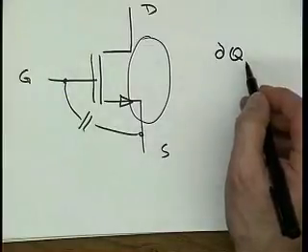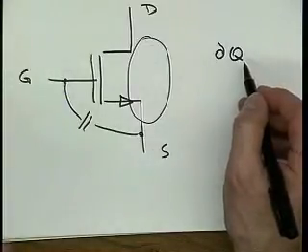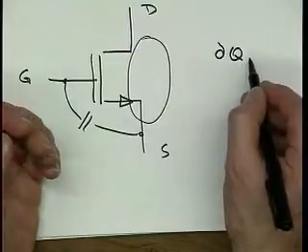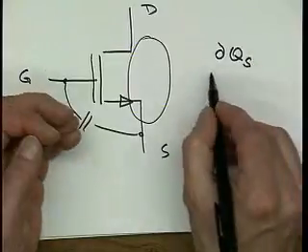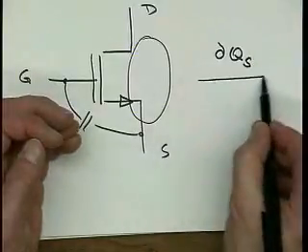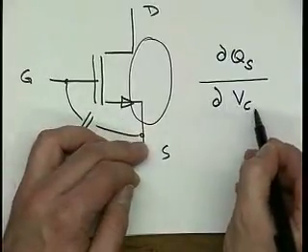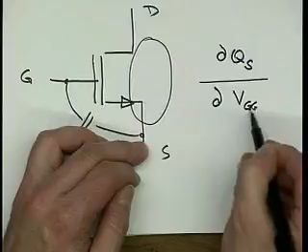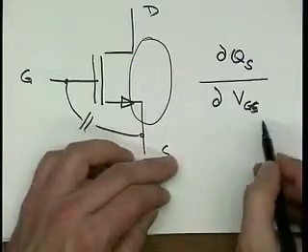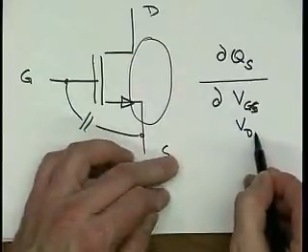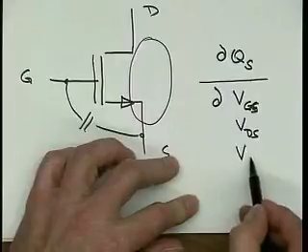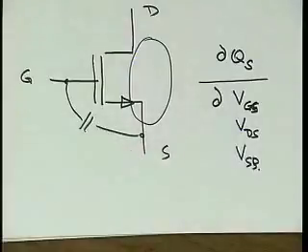So really the right question to ask is, what is dQ, the change of the charge that appears at the source, associated with the source terminal, as a function of changing VGS, or changing VDS, or changing VSB, or whatnot, right?